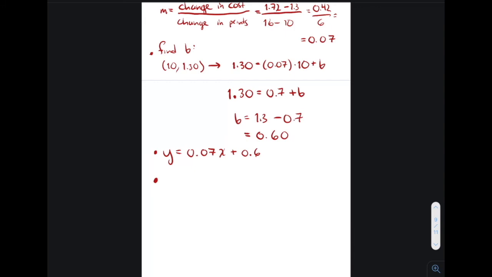To answer the question, which was asking about the cost of 25 prints, we'd want to use 25 as our x and plug it into the function that we just constructed.